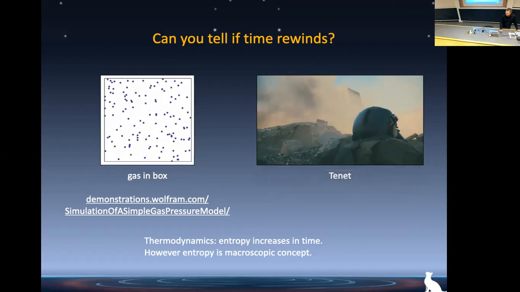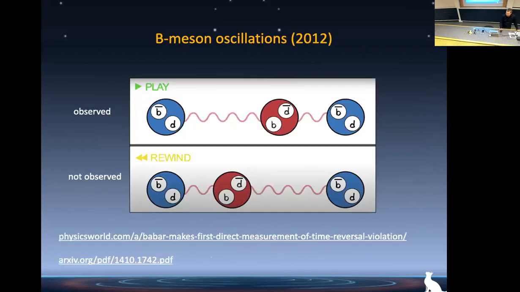But lo and behold, nature has some surprise. We have B meson oscillations. We have neutral particles, mesons, that can oscillate in the sense that they can turn into another particle and then back to themselves. So it's an oscillation in time, if you want.